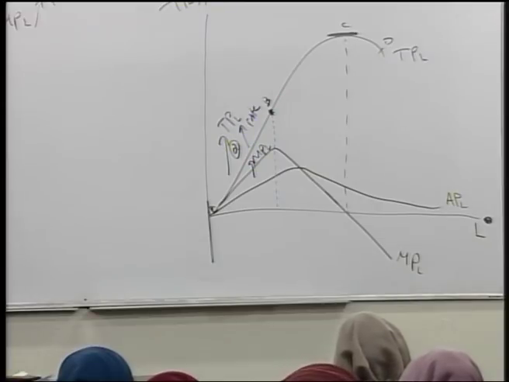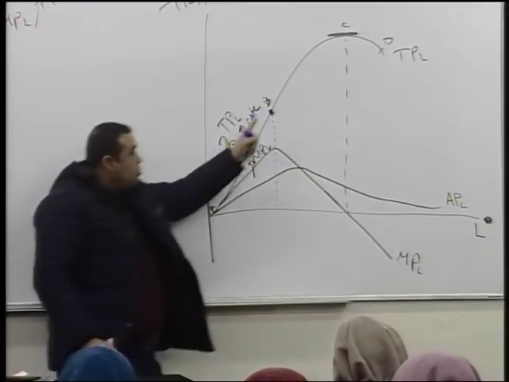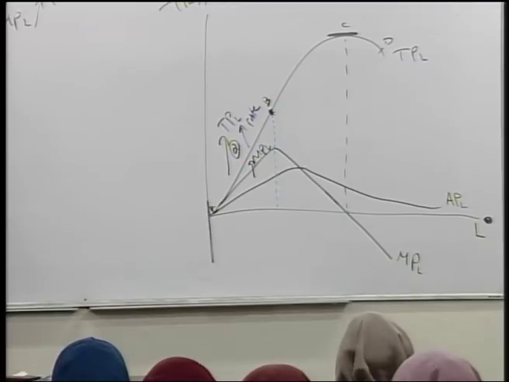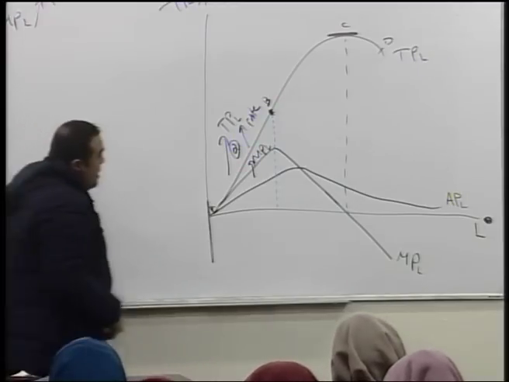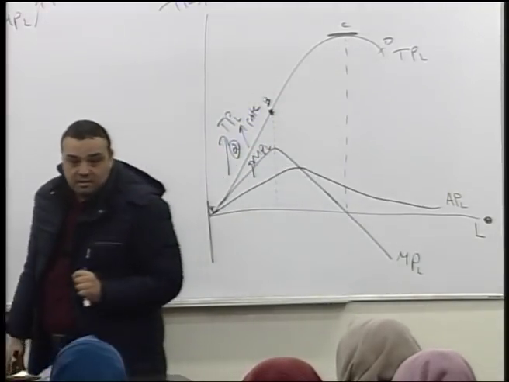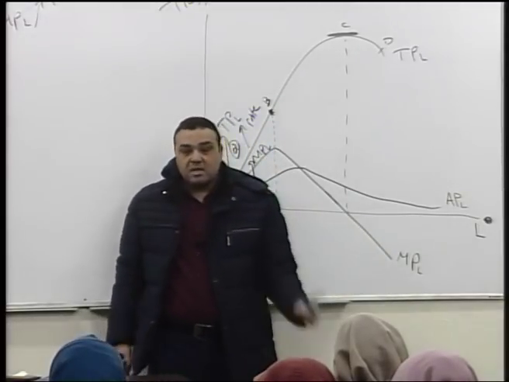In the second stage, from B to C, what do you see? The total production of labor is increasing at a decreasing rate. What do I see? The marginal production of labor is decreasing, but still positive.